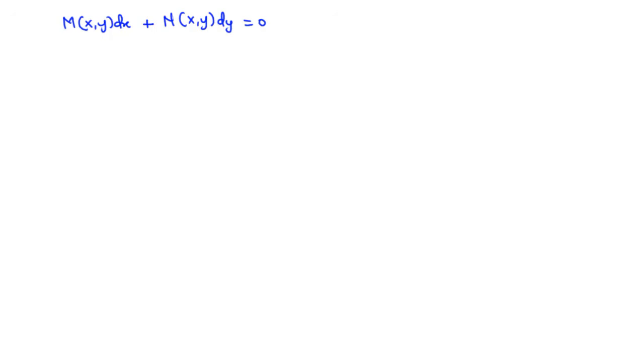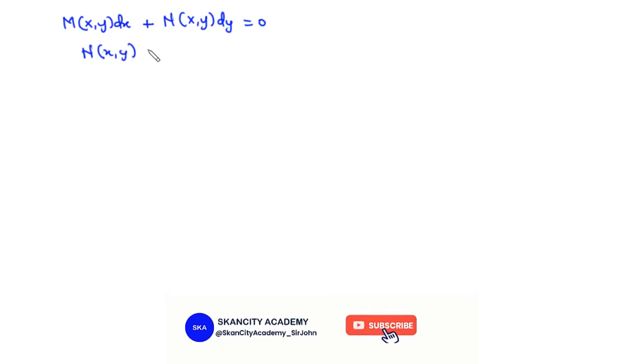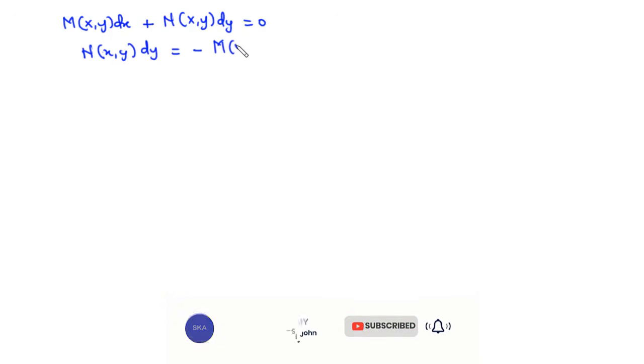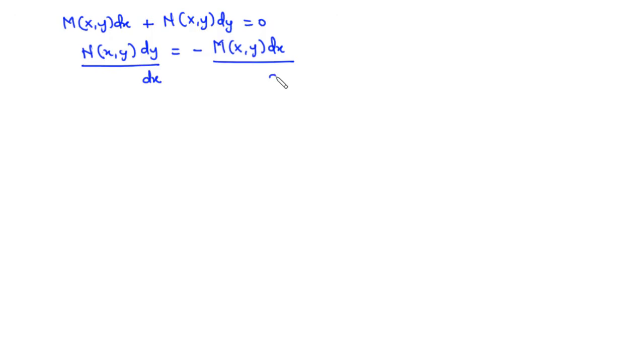So we are going to transpose this term to the right hand side. So we have N(x,y) dy = -M(x,y) dx. At this point, we divide through by dx and by N(x,y).